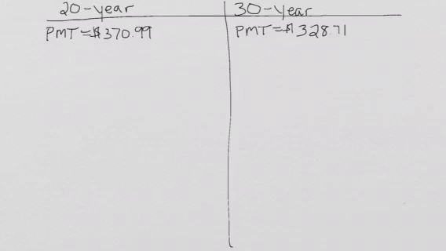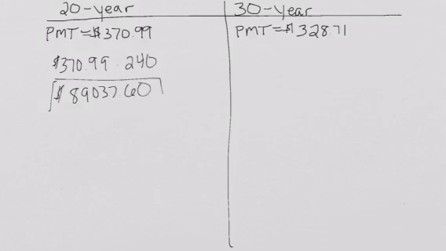That means 12 times 20, a total of 240 payments. So 370.99 times 240 payments gives me a total of $89,037.60. That's how much total we're paying for the 20-year mortgage.